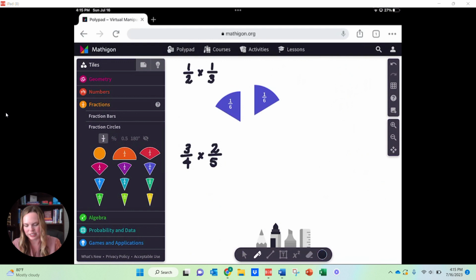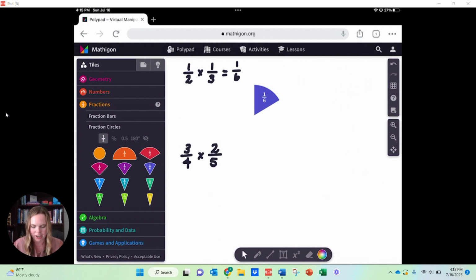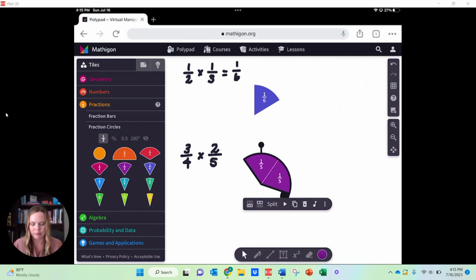Let me show you another example. Just leave that 1/6 up there. All right, 3/4 times 2/5. So I'm taking 3/4 of 2/5. I'm going to model my 2/5: get my 5th, and I need 2 of them.